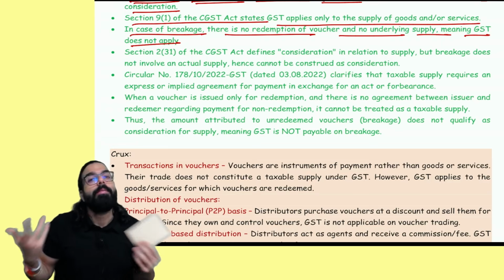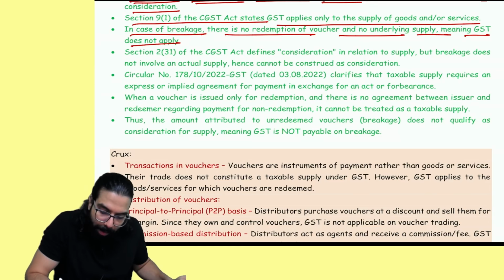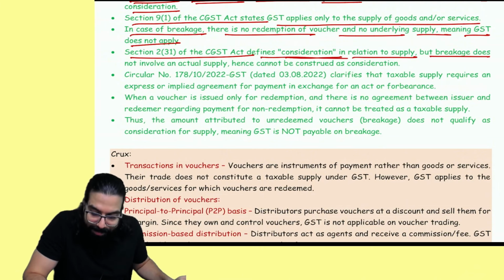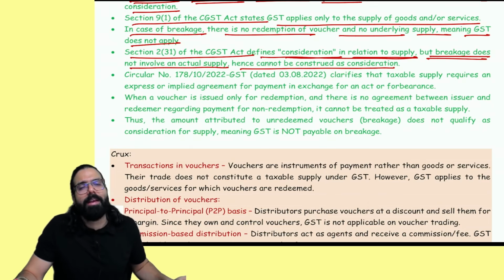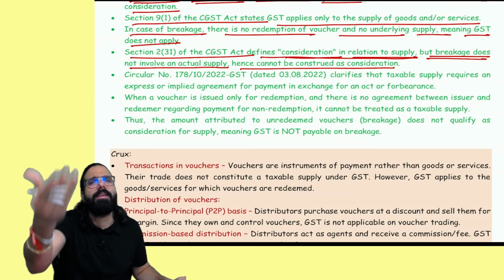You never redeemed it. Then, Baba, when I never supplied you any goods and services, there will be no GST. It says, Section 2(31), consideration in relation to supply, but breakage does not involve actual supply, hence cannot be construed as consideration. When you never redeemed it, it was never given as consideration for supply.